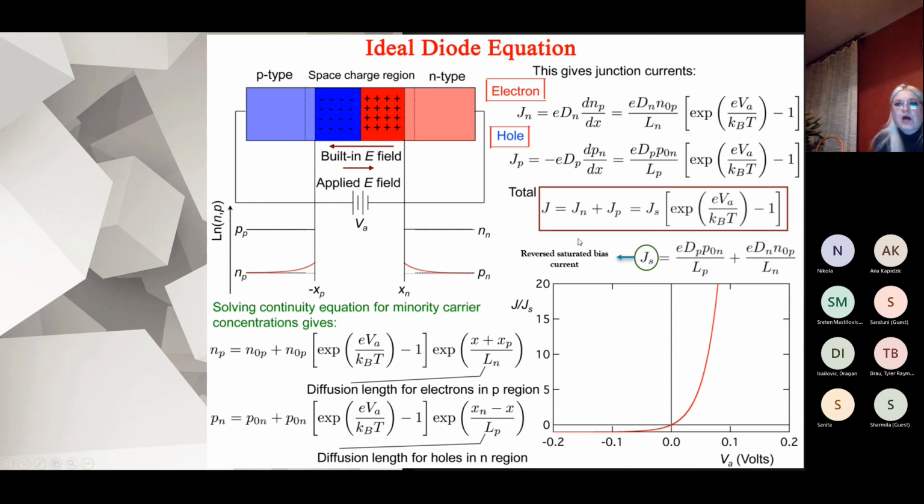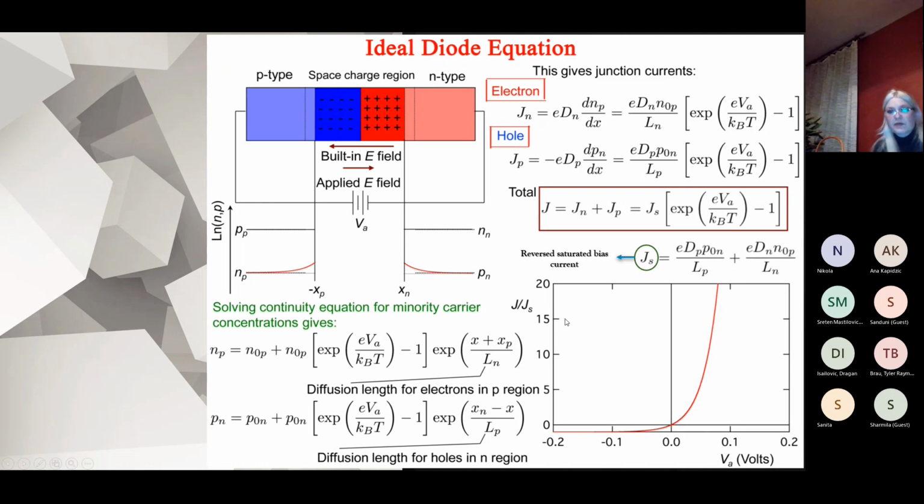So if we want to write it the easiest way, the total junction current we can write as the current from the electrons plus the current from the holes, and this will be the expression I_S, multiplied by a term with the applied voltage. This I_S we call the reverse saturation current, and it depends on many things: the charge, the diffusion coefficient, the minority carrier concentration, and also the diffusion length.